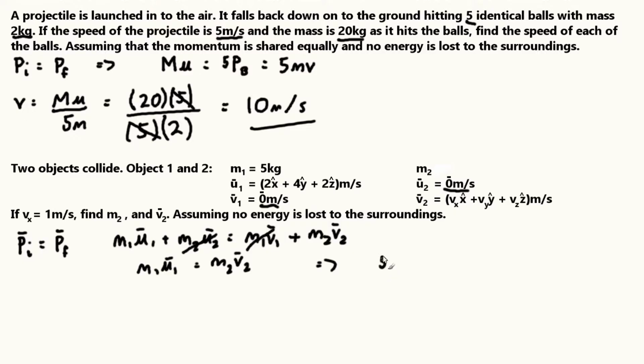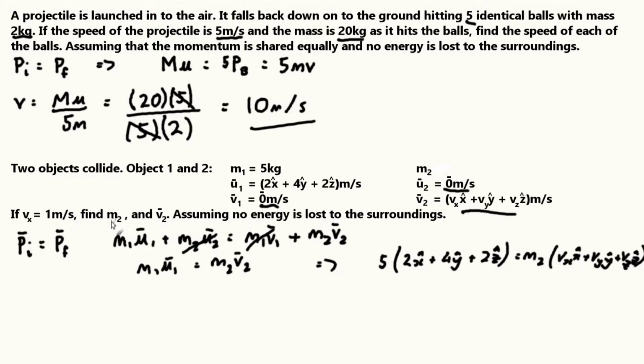We know that m1 is 5, that u1 is 2x hat plus 4y hat plus 2z hat. And we know that this is equal to m2, which we do not know, multiplied by v2, which we have up here. And now we need to find m2 and v2.